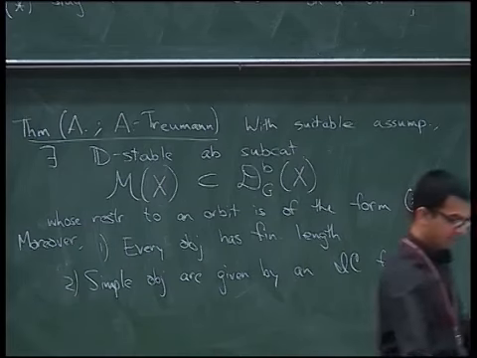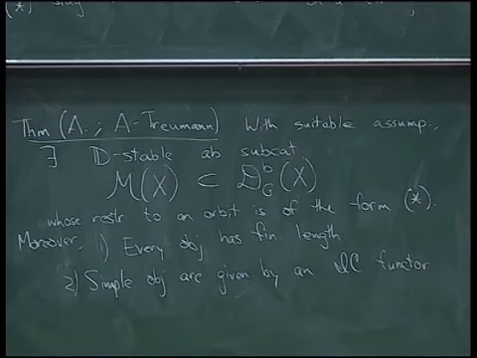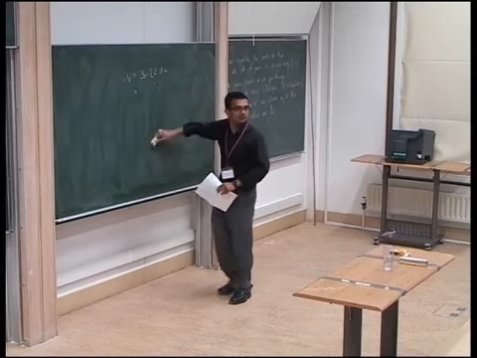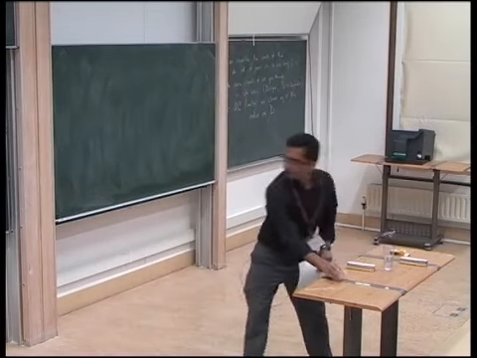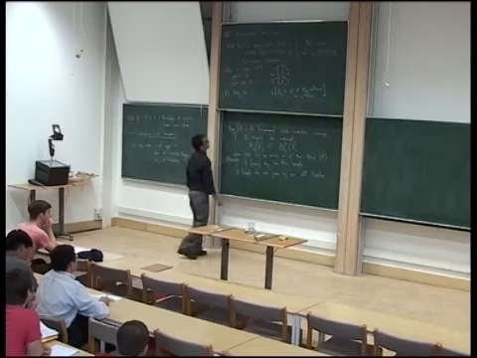So let me spell out what's going on with the simple objects a little bit more. A question: you write not "there exists a unique," but just "there exists"?